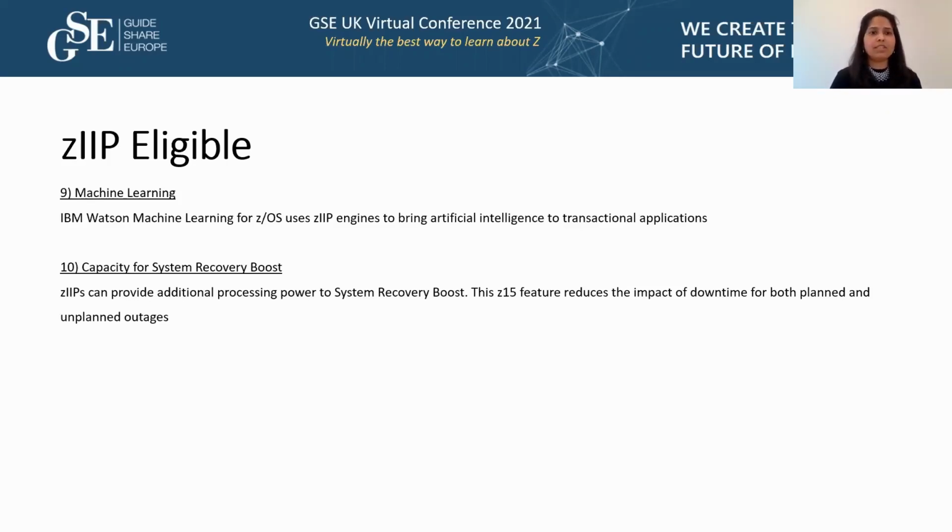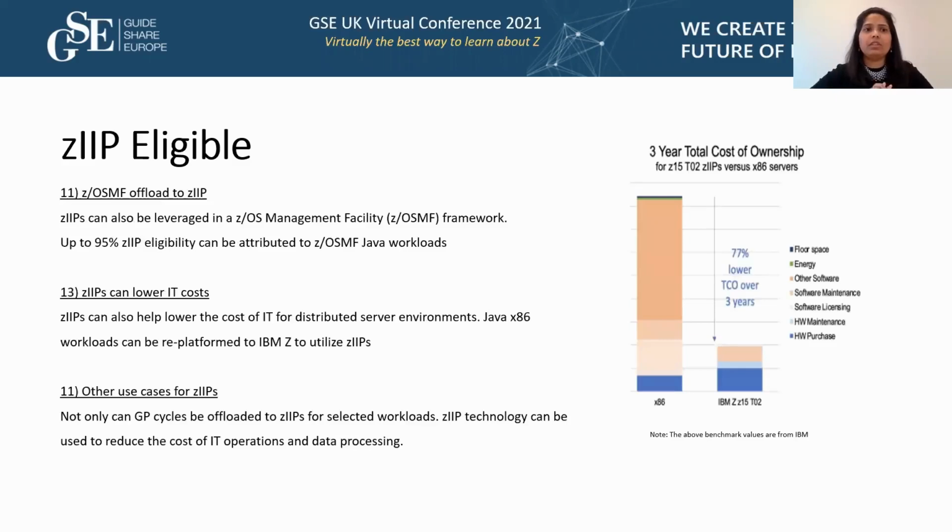Third one is capacity for System Recovery Boost. zIIP can provide additional processing power to System Recovery Boost. In this z15 feature, it reduces the impact of downtime, for both planned and unplanned outages. The 11th one, z/OS Management Facility.